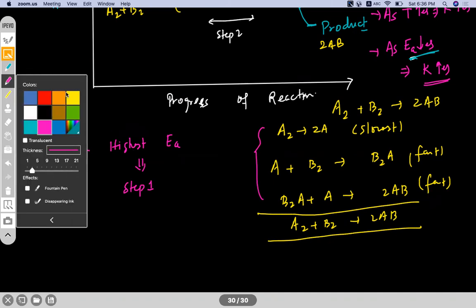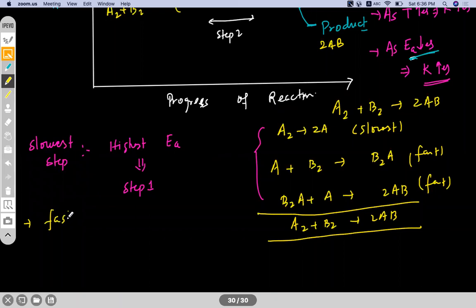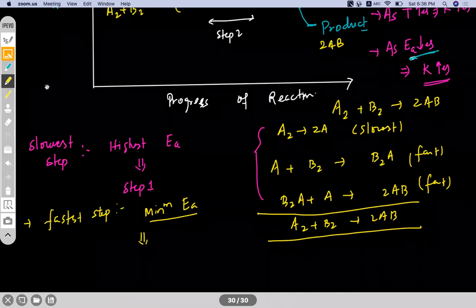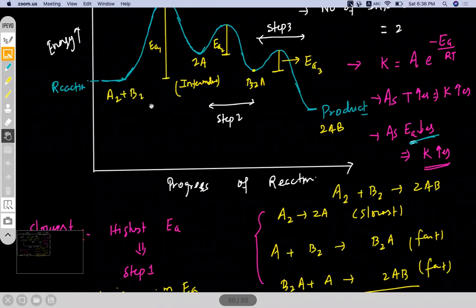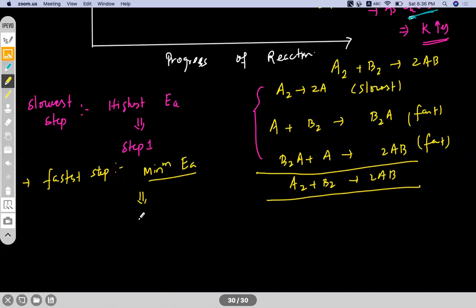Now, if I ask you which one is the fastest step, it is the one which has minimum activation energy. And that would be what? That would be anything between the two. For this graph, if I draw, in this two, this looks like the minimum. Okay, that's why step 3 with respect to this graph is the fastest step we have.